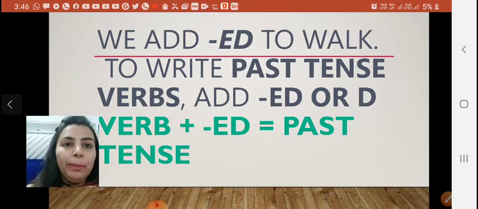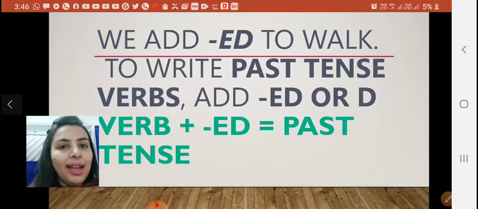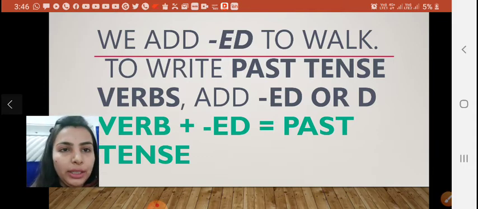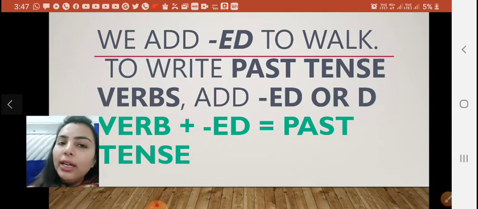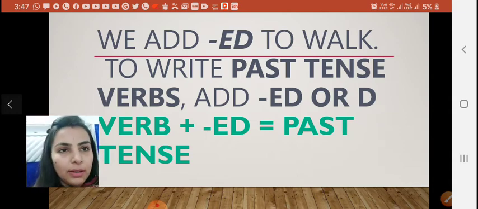So to write a past tense verb, add ed or d. Verb plus ed equals past tense. Whenever we add ed to any verb, it becomes past tense.